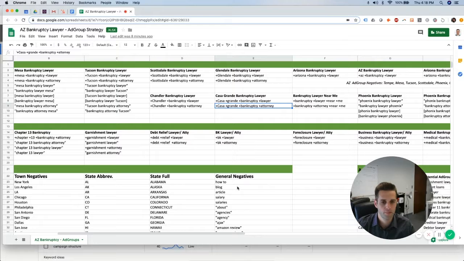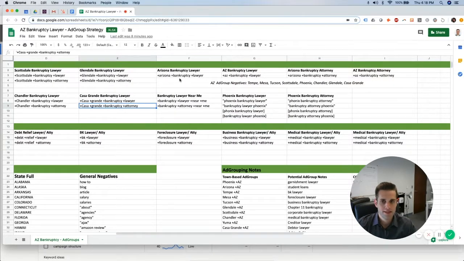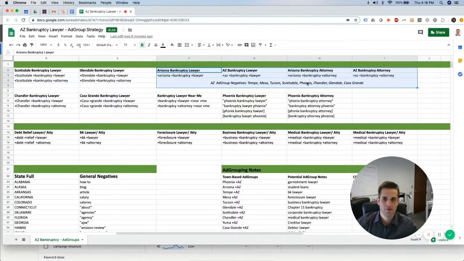One important part of the structure here is these Arizona ad groups. One thing I found out in my research is that a lot of people type in things like bankruptcy lawyer Glendale, Arizona, or Glendale, AZ.